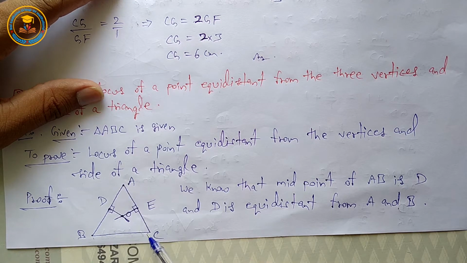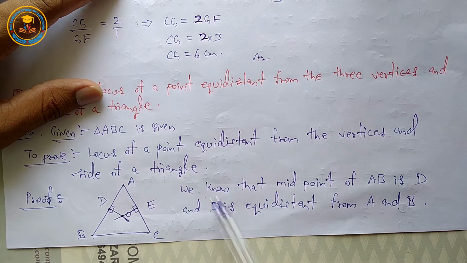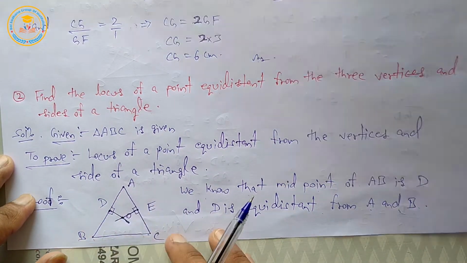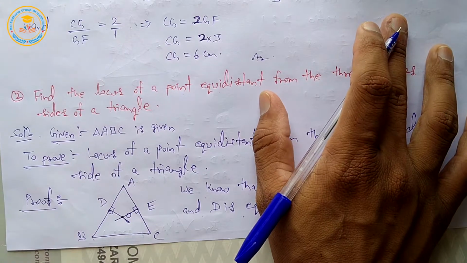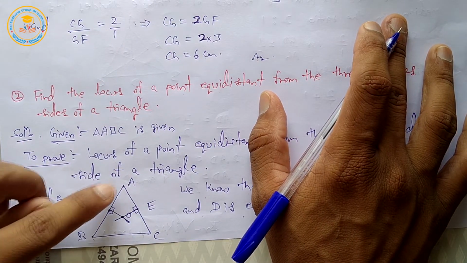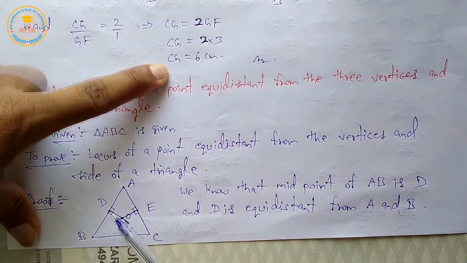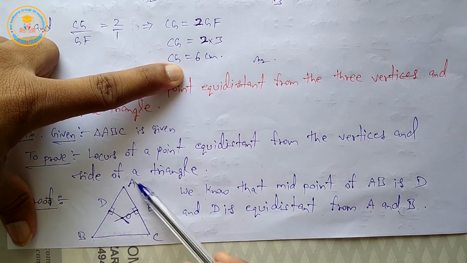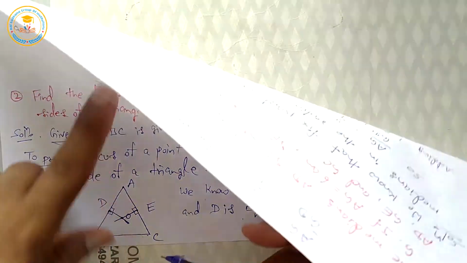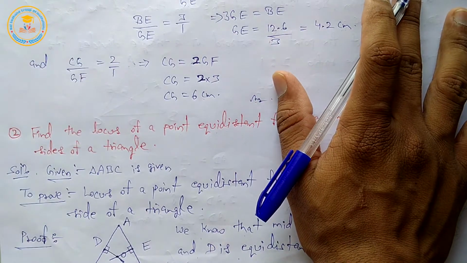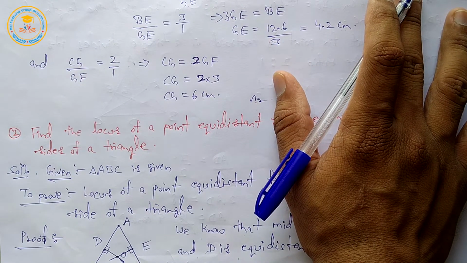So the midpoint of AB is D, the midpoint of AC is E. Now, for D and E, we let the fixed center point be O. So OD is perpendicular to AB, and OE is perpendicular to AC.